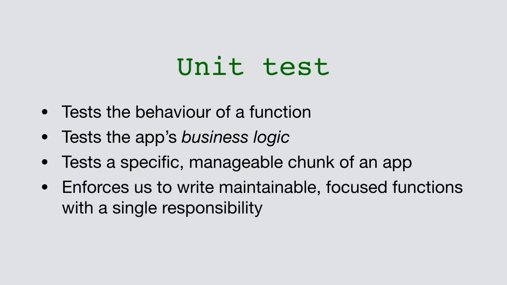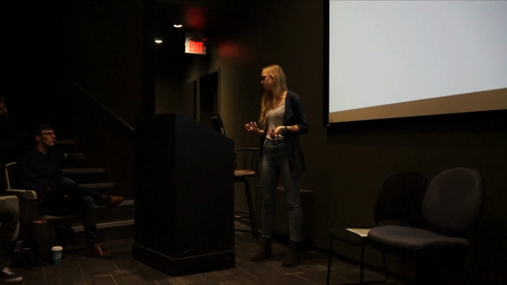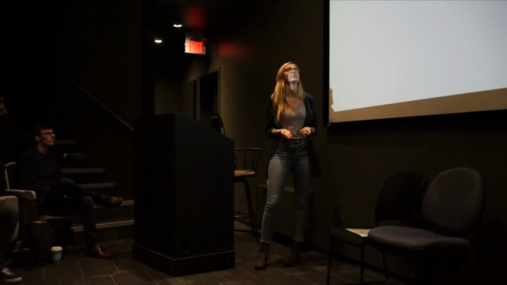And hopefully this will help us to get a good maintainable code base. Because I think if we build functions in terms of units that don't have any side effects and have a single responsibility, we will start doing this automatically in our app if we're thinking about adding unit tests later on. But there are some downsides to unit tests, and there are some things that unit tests are missing.